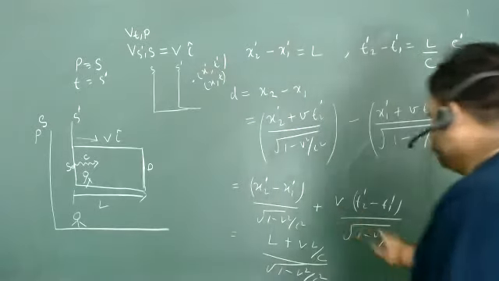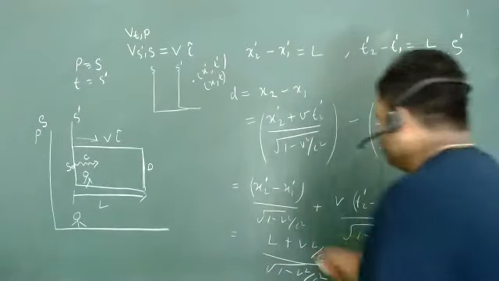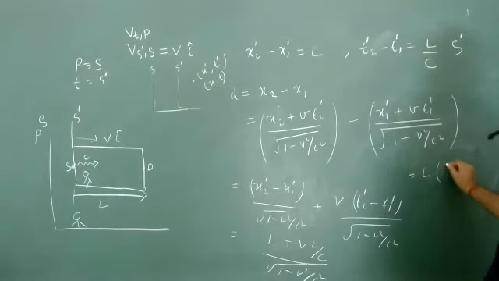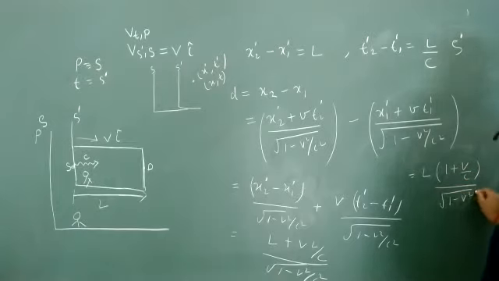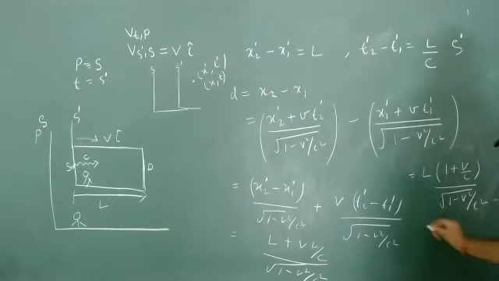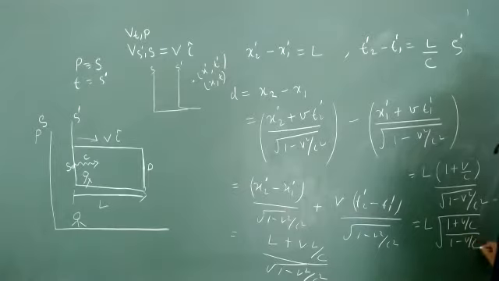So now you can see this can be written as, I can take L as common, and we have 1 plus v upon c over root under 1 minus v square upon c square. So I can write 1 minus v upon c into 1 plus v upon c. The root will come above in the numerator, so we have 1 plus v upon c upon 1 minus v upon c.